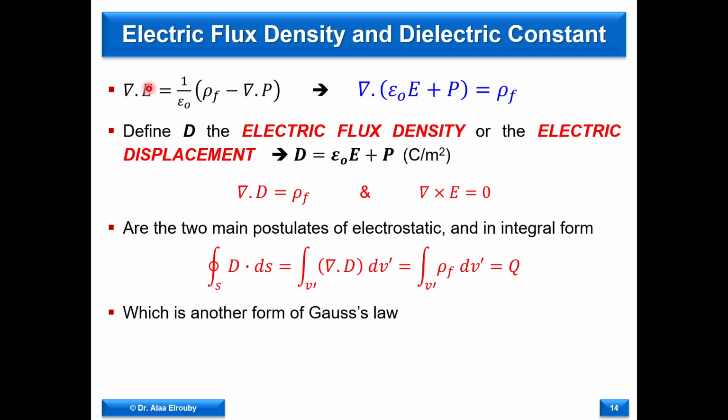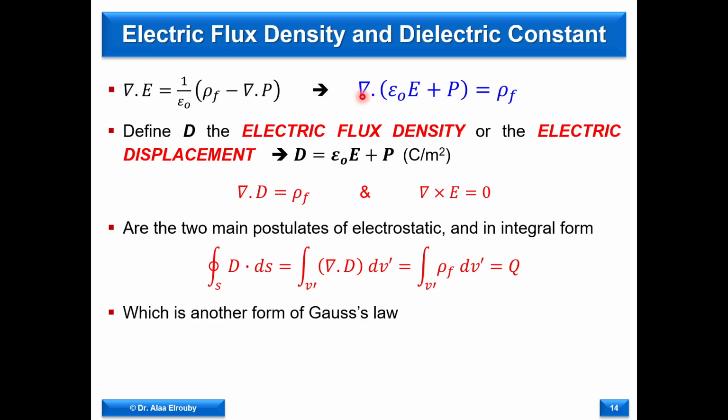It would be the divergence of E plus the divergence of P over epsilon naught, and we multiply by epsilon naught. So it would be the divergence of epsilon naught E plus the polarization vector, and this will equal the free volumetric charge. We took this expression and we call it the electric flux density.